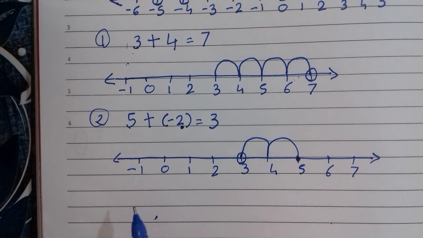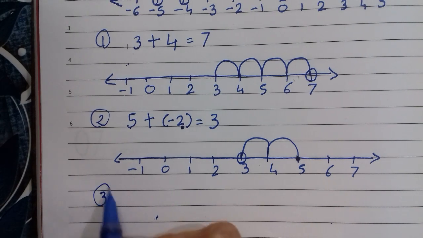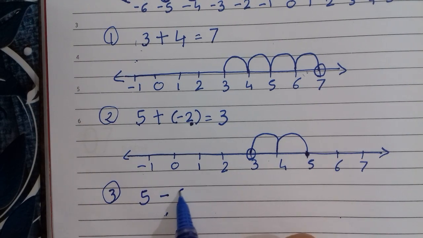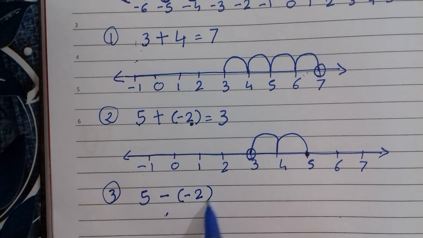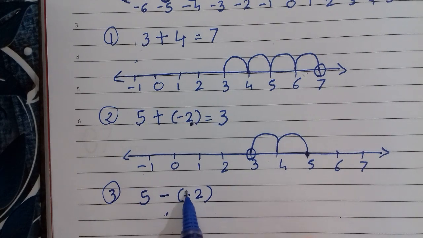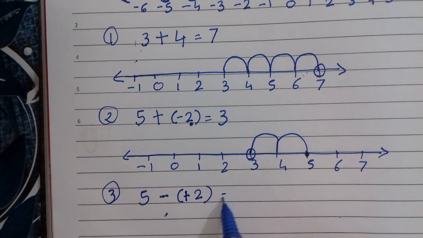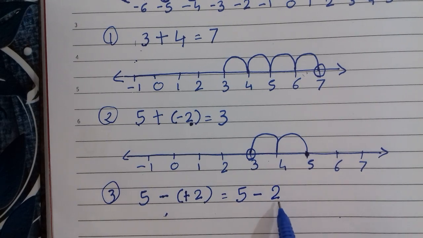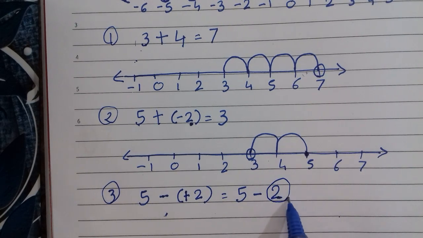If you want to subtract a positive integer, that is 5 minus 2, here 2 is a positive integer.